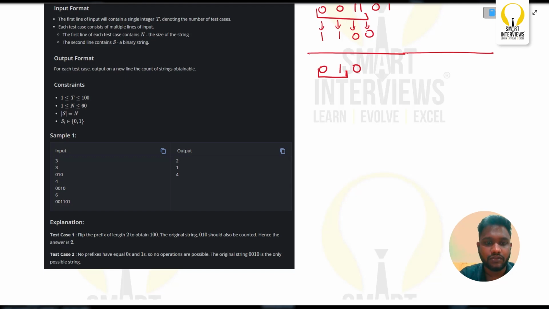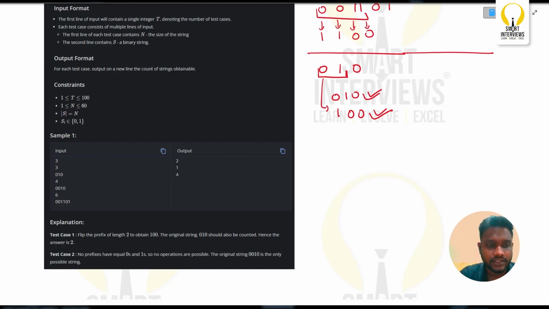Okay, so if we flip this, this is our current string 0, 1, 0. Now if we flip this equal number of zeros and ones, we'll get a new string, right? That is 1, 0, 0. So a total of two unique strings we are able to generate.